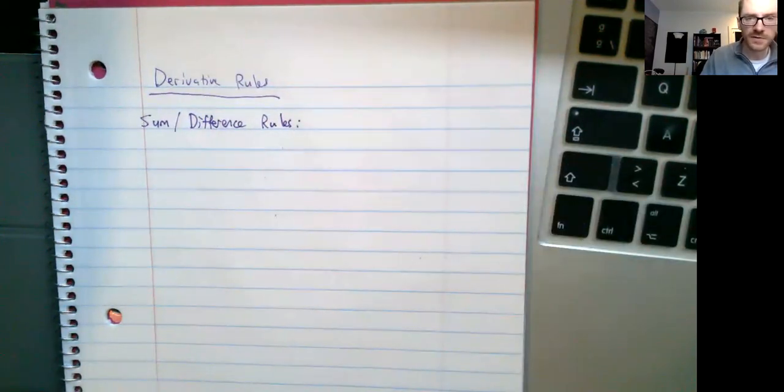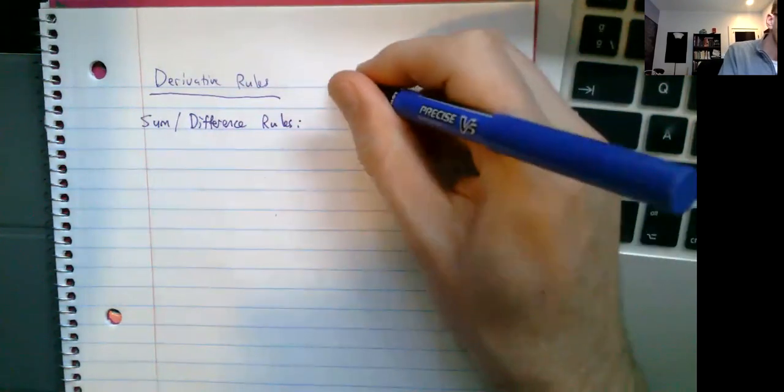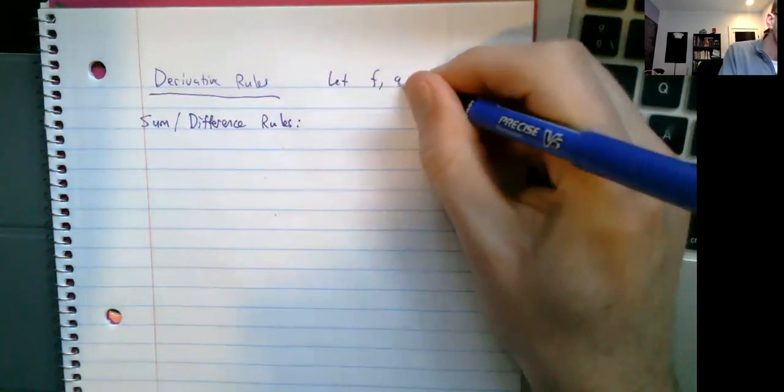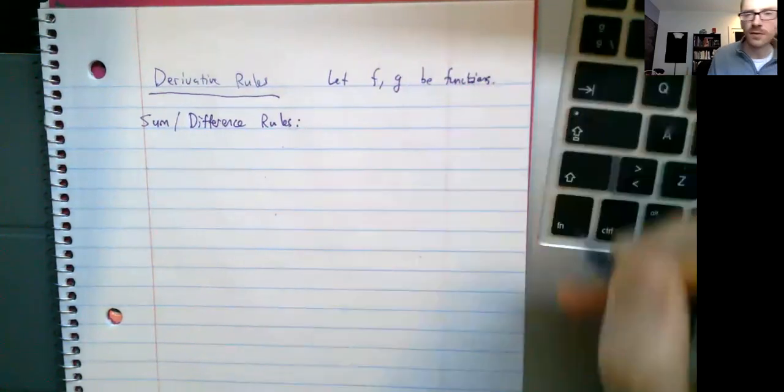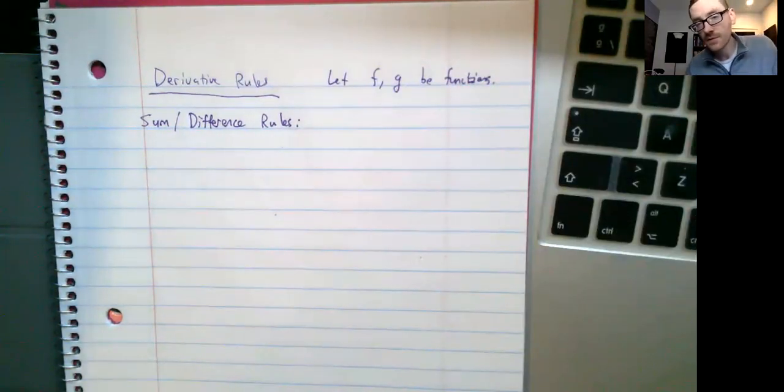Okay, here's what the sum and difference rules say. And throughout this whole discussion, let's let f and g be functions. I don't care what functions they are. Maybe one of them is x squared and the other one is x to the third. I don't care, but just let f and g just be any functions you want.